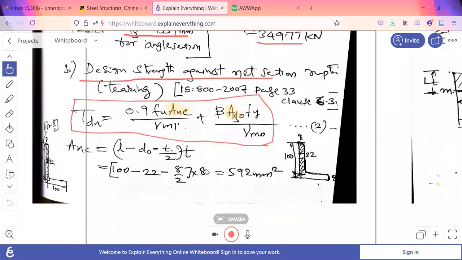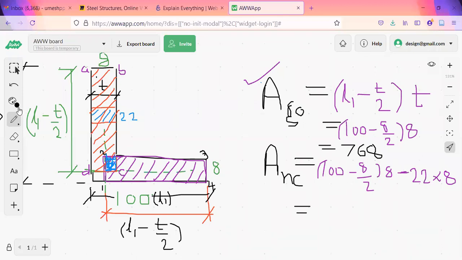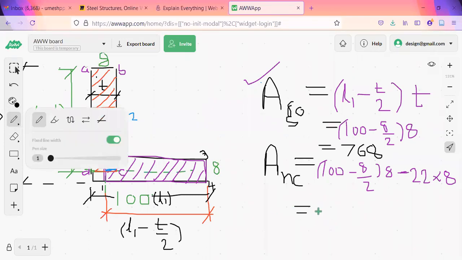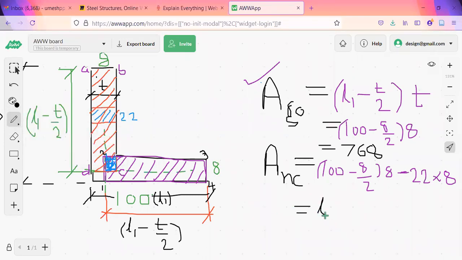ANC is L minus D naught minus T by 2 into T. Directly, if I told you this formula, you would not have followed it. L minus D naught minus T by 2. Same formula is here. I can convert this one: here I have taken L1 minus T by 2 minus D naught, because 22 is D naught. 8 is common.